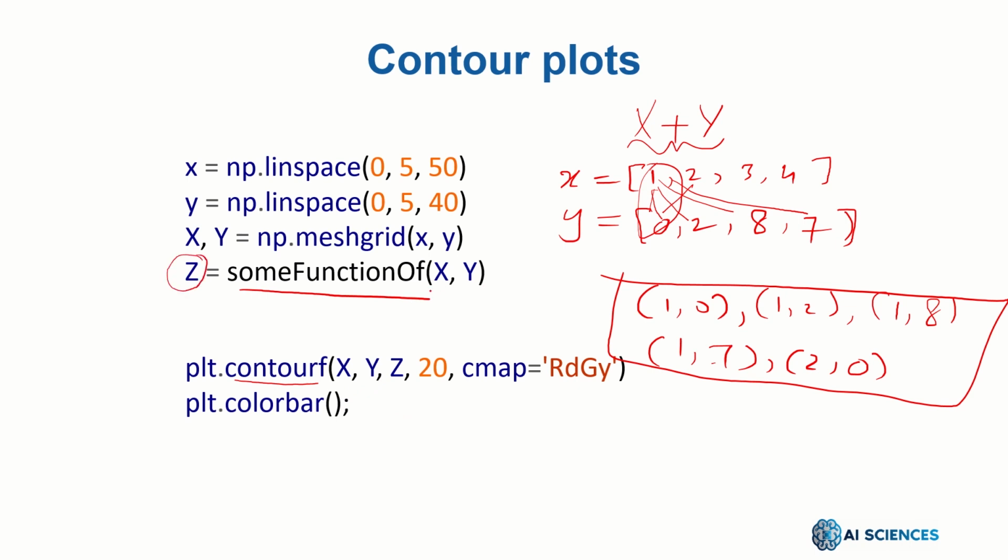For what pairs of x and y do the z values have the same value? Those levels where the z values are the same are called contours. And in plt, there's a contour function, and there's a filled contour function designated by this f. Let's see that in Jupyter Notebook just to see how cool that is.